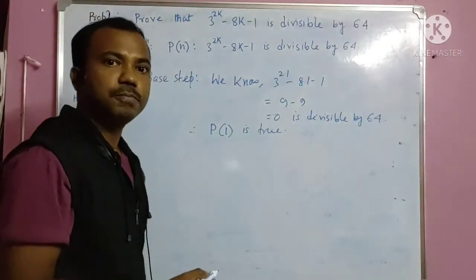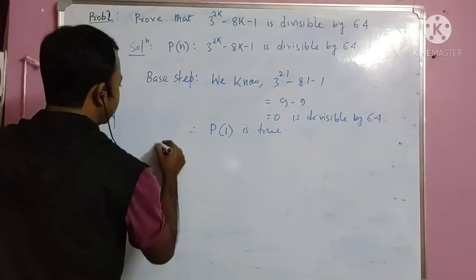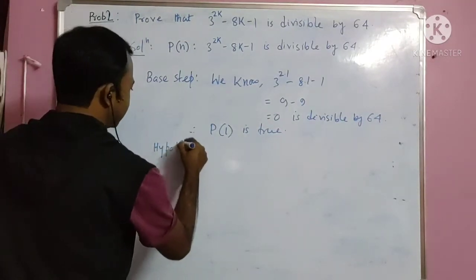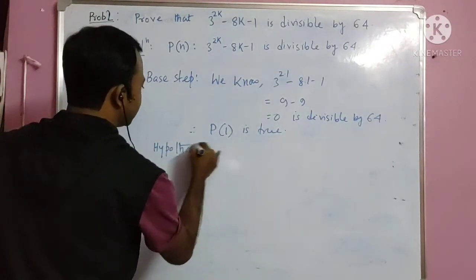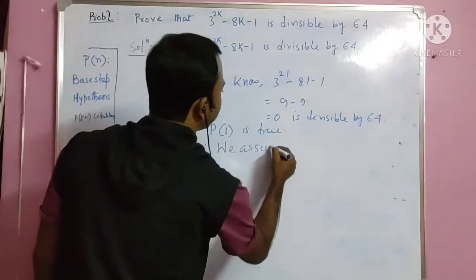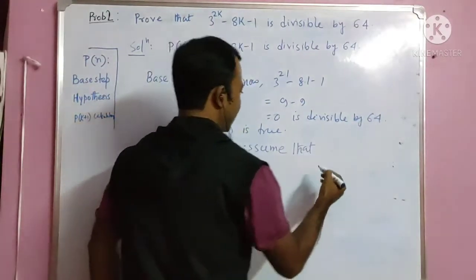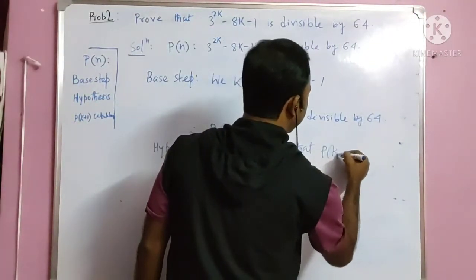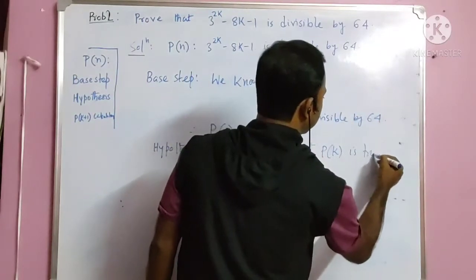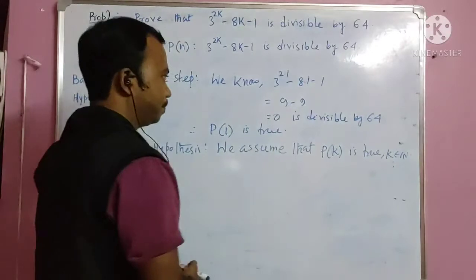Alright, now we make a hypothesis like before from mathematical induction. So what is our hypothesis? We assume that Pk is true. That is our assumption, and k belongs to the natural numbers, any k.